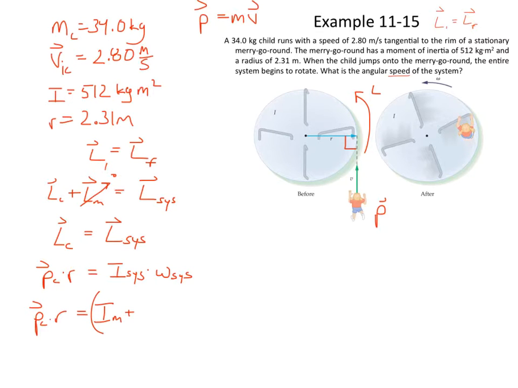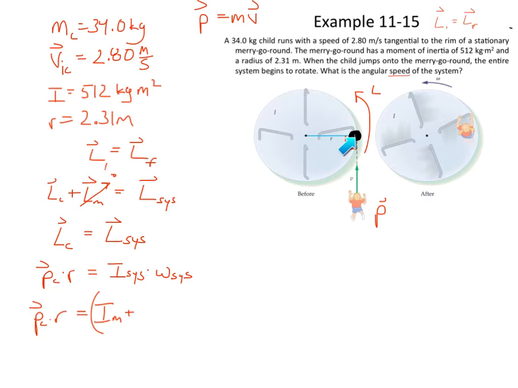All right, and so here we have a mass at some distance, radius, from the center right there. That mass is going to stay at the edge. So this is the child right there. What will the moment of inertia of that be? The moment of inertia, remember, is the sum of all the masses at radii squared, right? So we can think of this child as being kind of a point mass right here.